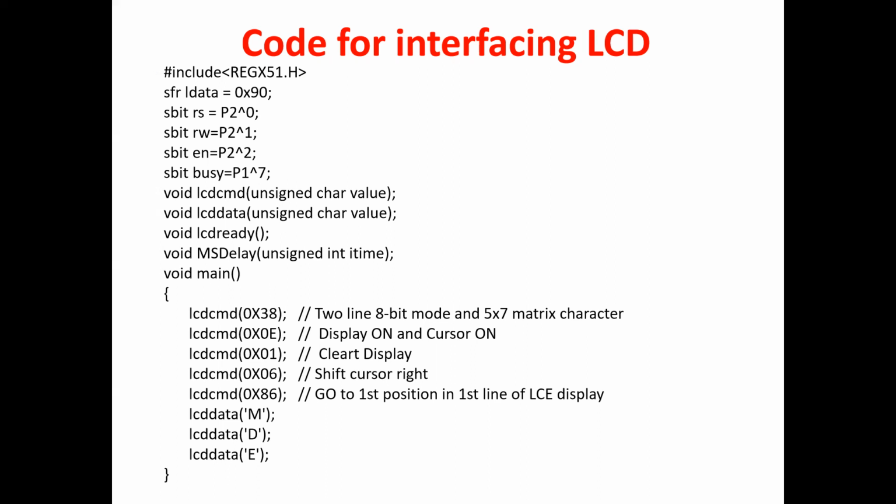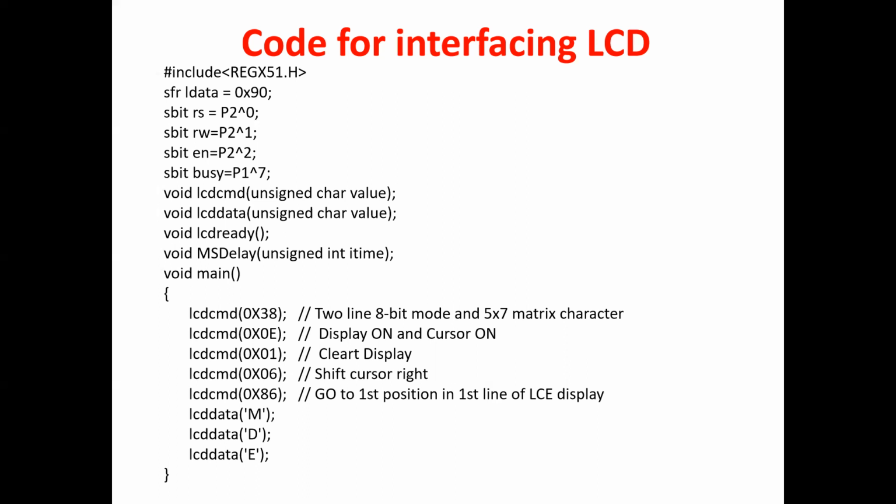We have written functions for interfacing the LCD because we are sending data using the data pins available on the LCD. The data we send may be a character to be printed on the LCD, or a command to be executed. So our program has to differentiate them. If we are sending a character to be printed, it will be stored in the data register.